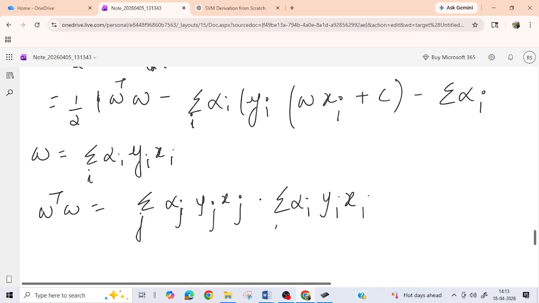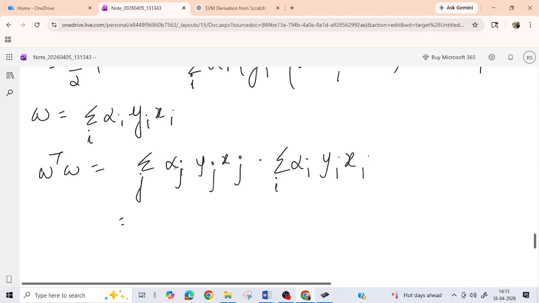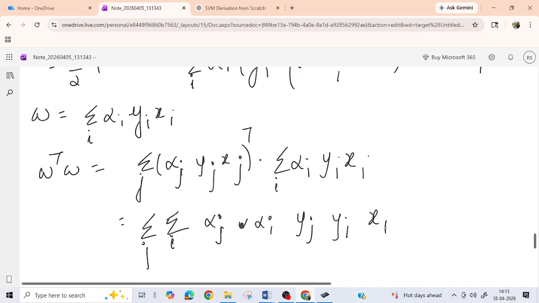So we can combine this. Now alpha I, yj, etc. are just scalars, so even if you transpose them, it really doesn't matter. So let's call it I, and let's call it j. So it would be alpha j, alpha I. We can bring yj into yi over here, and then it is xj transpose into xi.